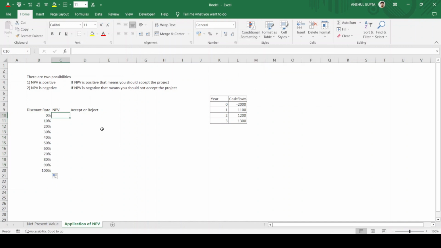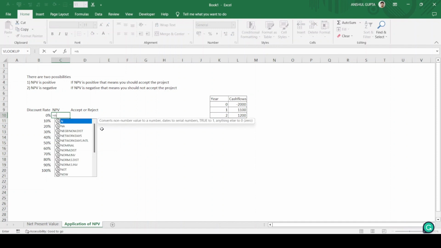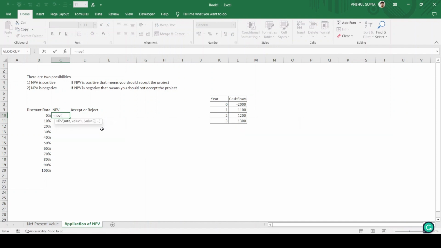So the formula for net present value is equals to NPV, start the bracket, select the discount rate, comma, select the future cash flows, close the bracket, plus the cash outflow, that is minus 2000 in this case, and press enter.